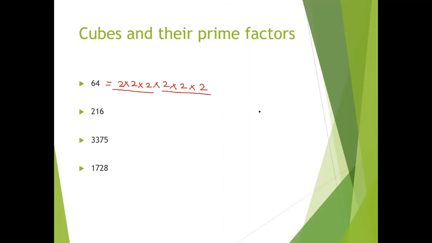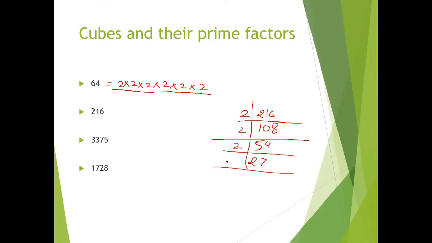Right? Now see 216. Again starting with the smallest number, 108, 2 again, 54, 2 again, 27. 3 now, 9, again 3, and 1.